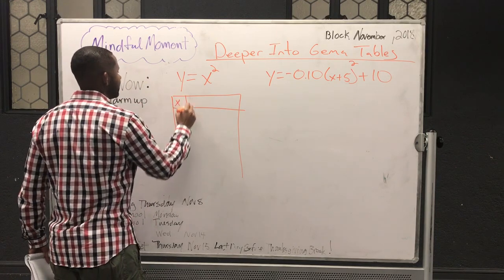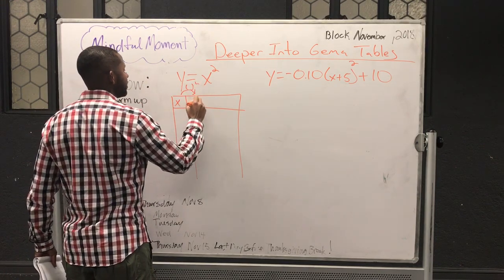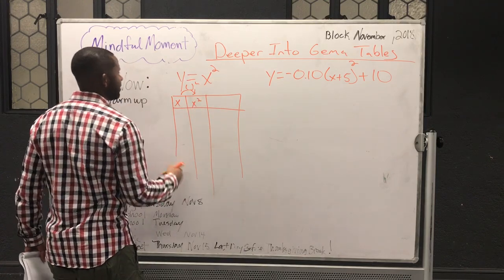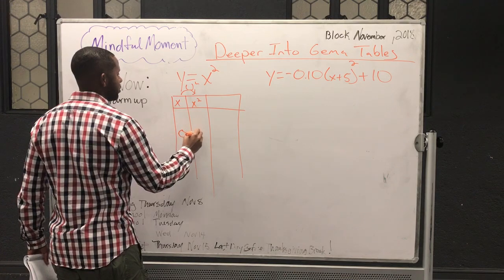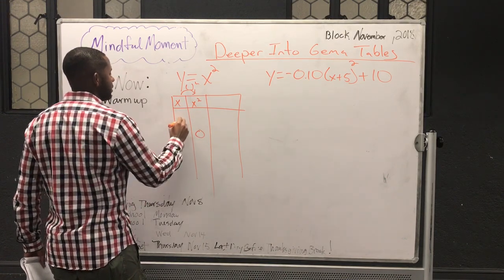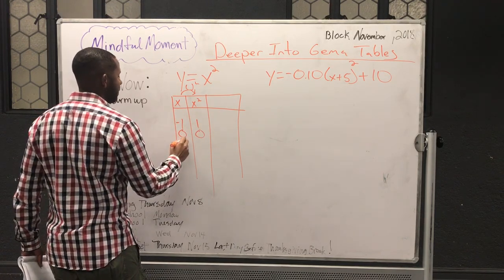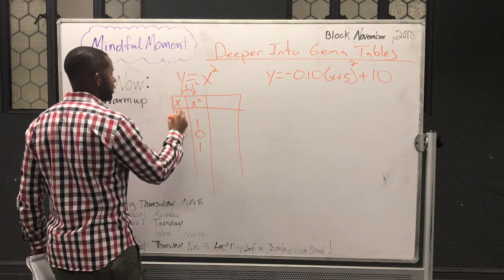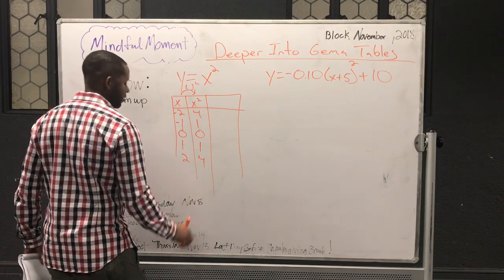I'm gonna start with x. I'm gonna square it. That's about it. My vertex is going to be 0, 0. 0 squared equals 0. -1 squared is 1. 1 squared is 1. -2 squared is 4. 2 squared is 4, right?